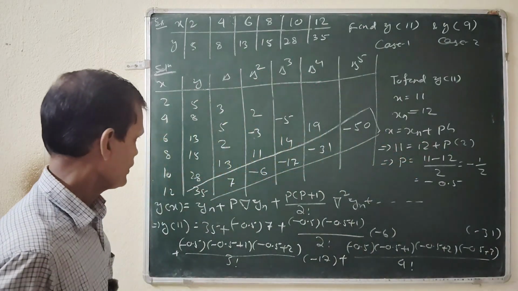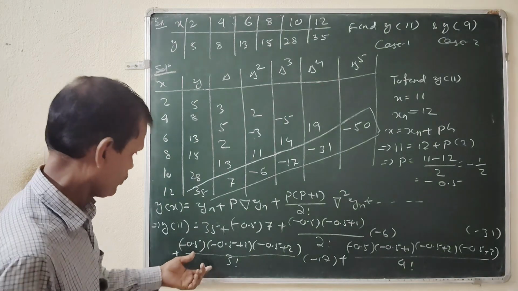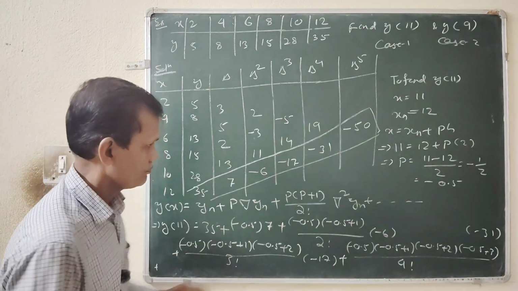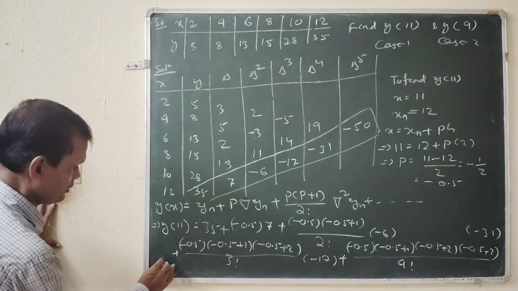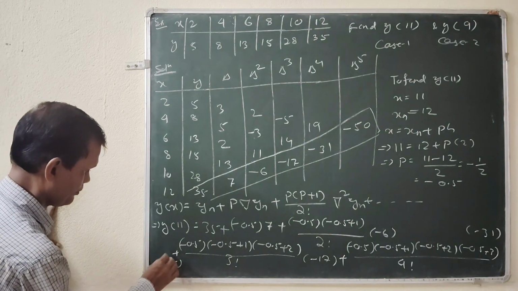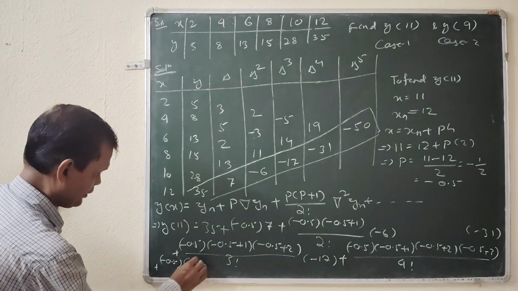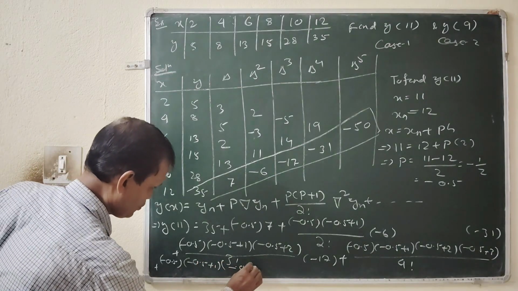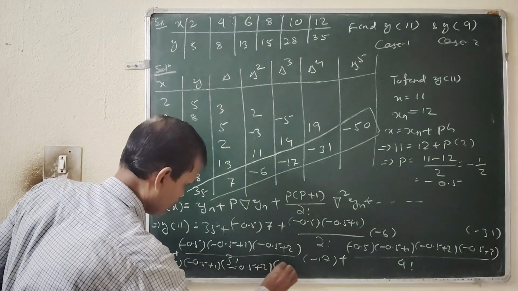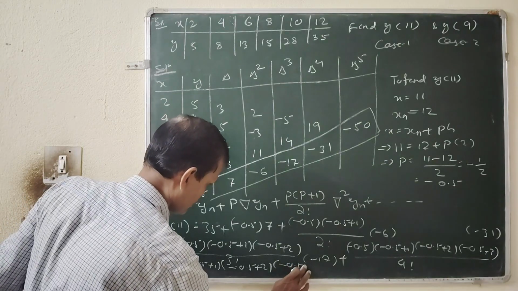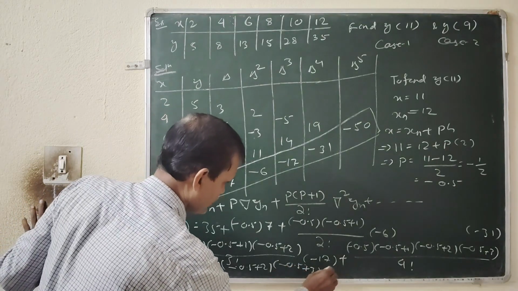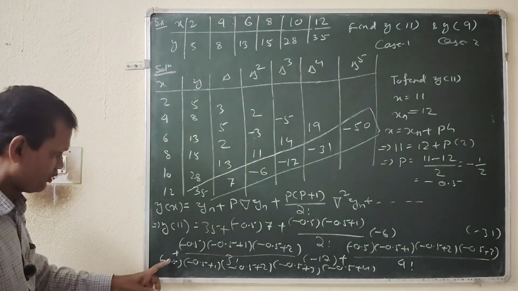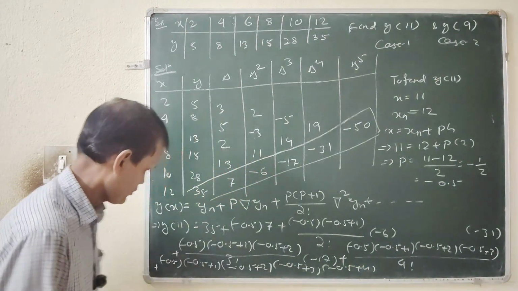Then another term, you will write here plus. The last term is minus 0.5 into minus 0.5 plus 1 into minus 0.5 plus 2 into minus 0.5 plus 3 into minus 0.5 plus 4. We have written 5 terms.